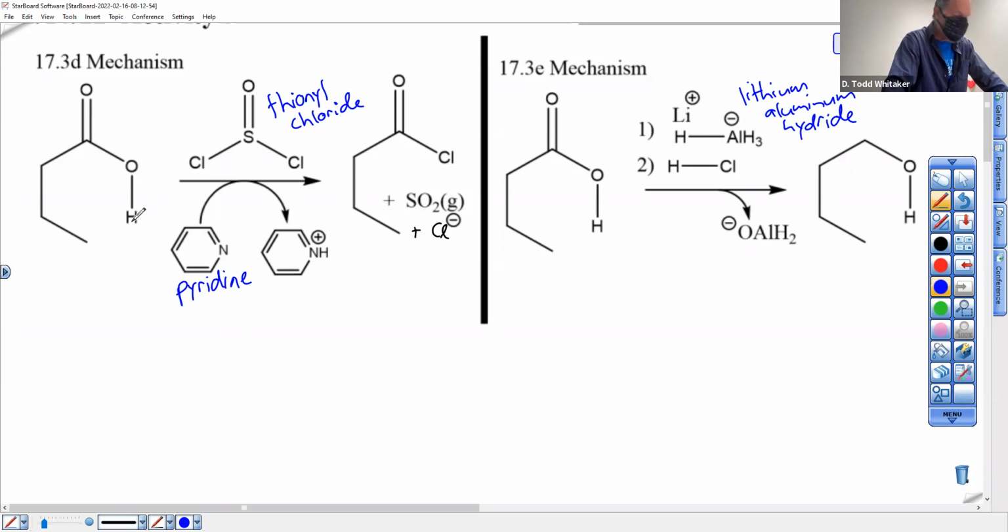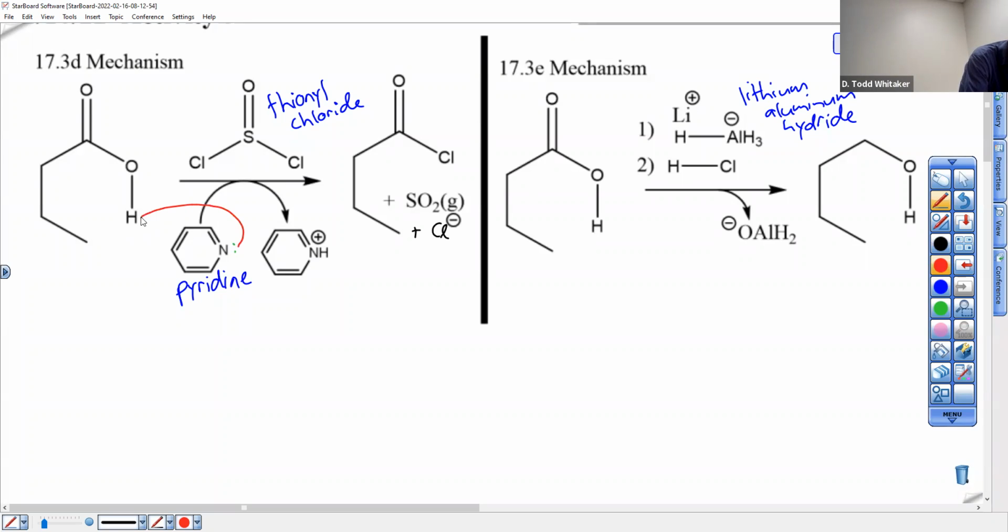But this is much more acidic than an alcohol. So I want you to do the acid-base step first. That's the only difference, switching the order of steps. That's it. In fact, I won't even two-step it for you because I want it to be very clear. I'm just going to do the acid-base first because you have to do the acid-base first.